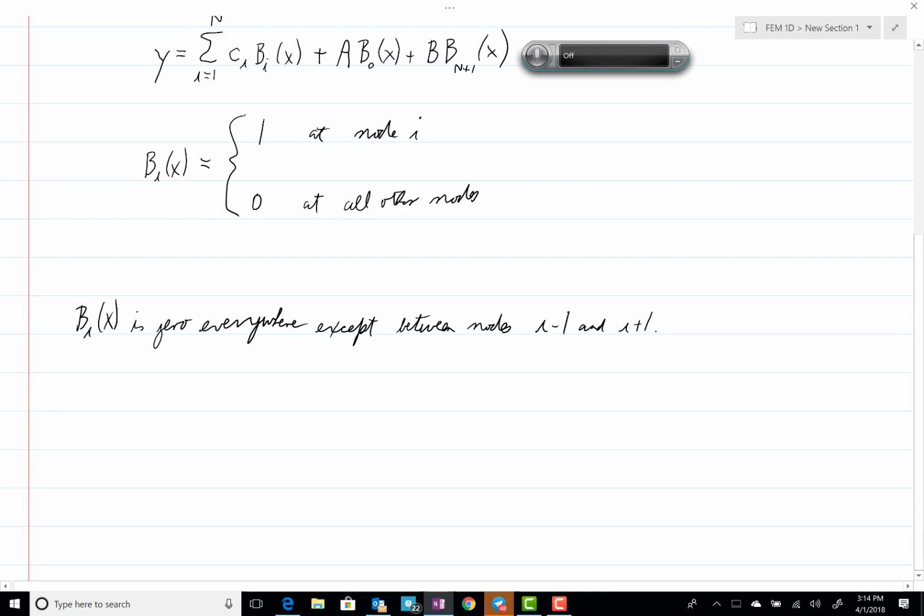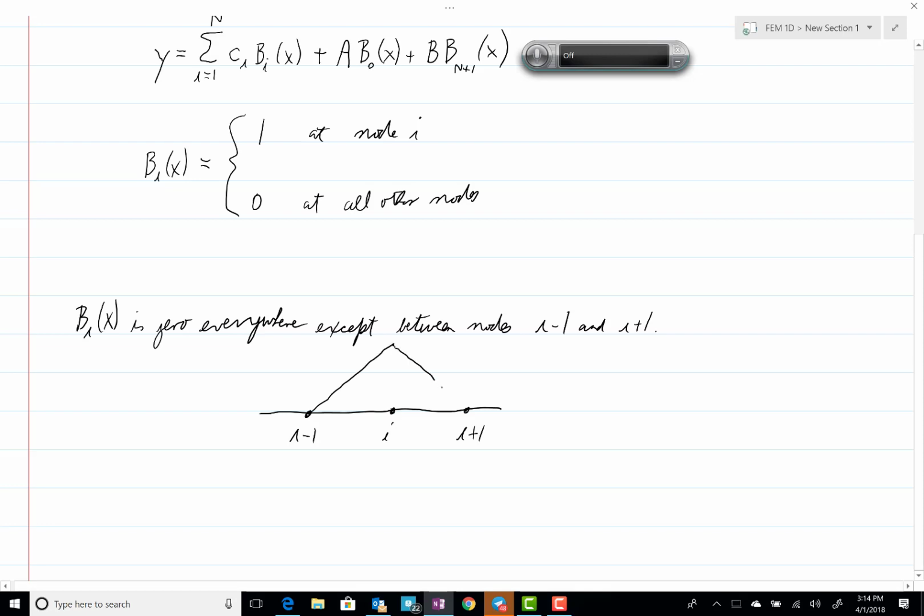Actually, it'll be easier to show: if this is node i minus 1, and this is node i, and this is node i plus 1, then b_i would look like this. This is for first order basis functions.